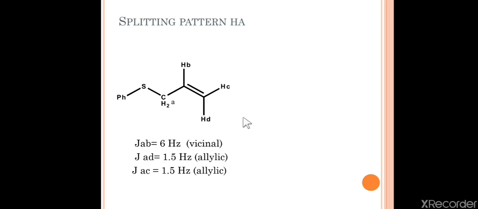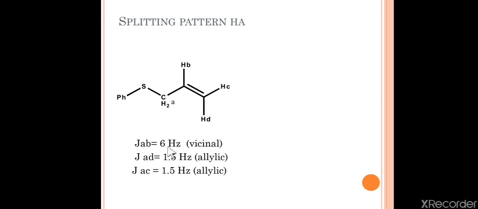This is a very interesting example and has more complex splitting. We have A, B, C and D. There are 4 protons which are distinct in chemical shift as well as in coupling constant. So if we consider A, it is coupling with HB, HC and HD. JAB is 6 Hz, JAD and JAC are 1.5 Hz and 1.5 Hz.